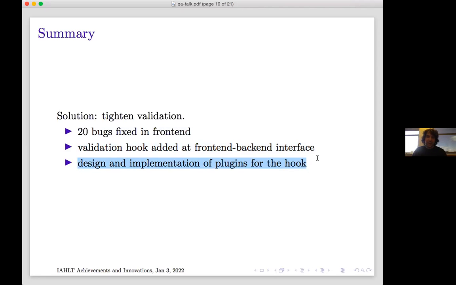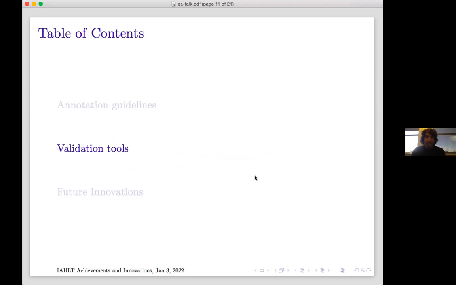The faster we can catch these, the less work we have to do. And also, we want to be feeding our annotators useful information. We want to tell them in the most efficient way possible what the system doesn't like. So I'll discuss those validation tools now, unless there are questions.